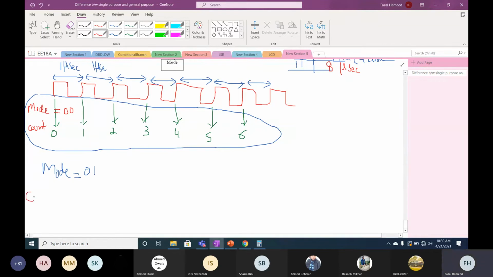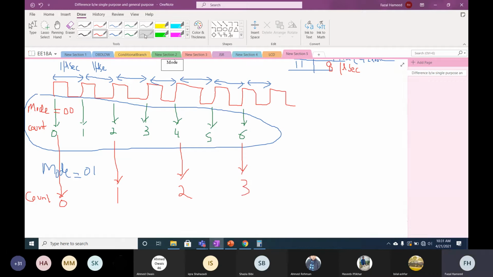What will be the count at this point? The count will be 0. And at which point will the count be 1? At 2. Yes, very good. So actually it will be 1 here. And when will it be 2? At 4.